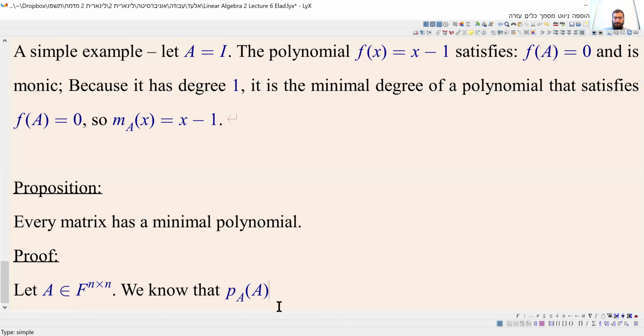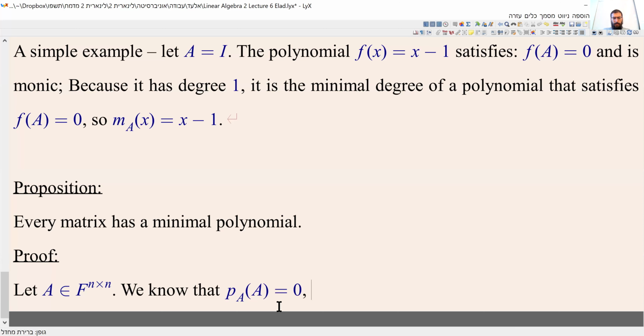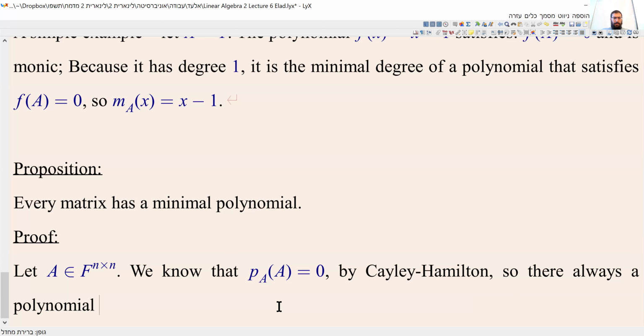This is zero by Cayley-Hamilton. So there's always a polynomial that's zeroing A.